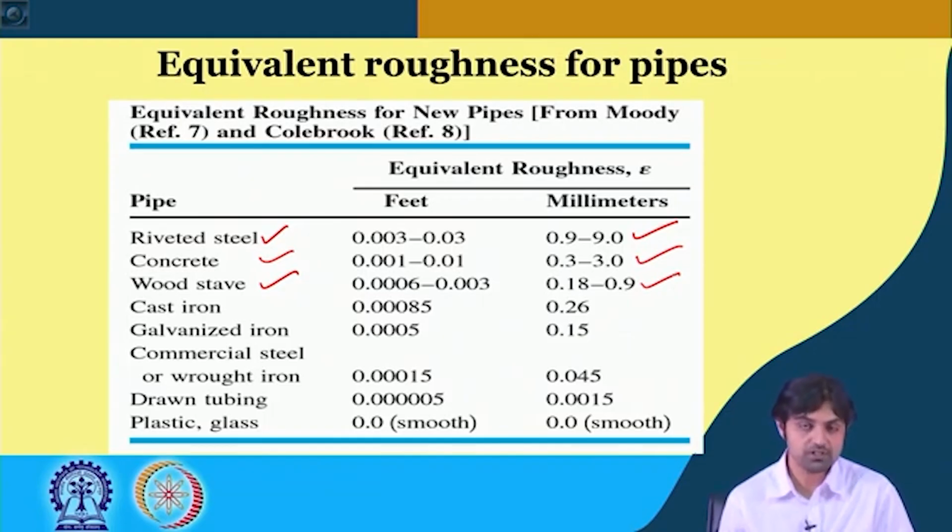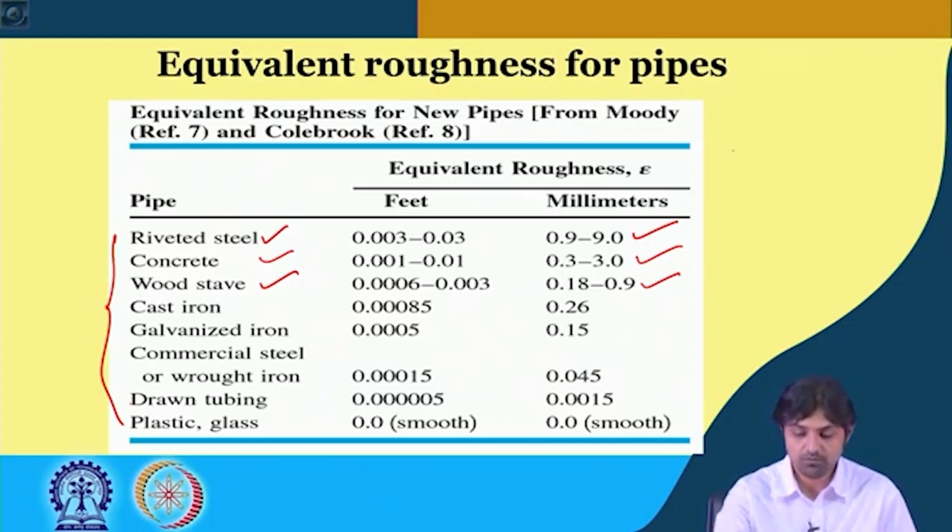For your purpose, most likely the epsilon will be given in the question, because otherwise you will have to look it up from the table. If we don't give you epsilon, we will give you the table. So you look at which type of pipe is there, find out epsilon, and then proceed with your problem.